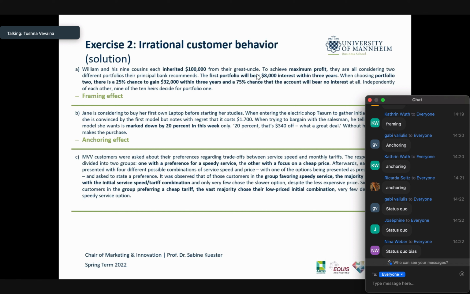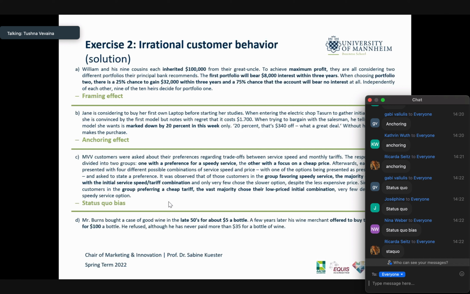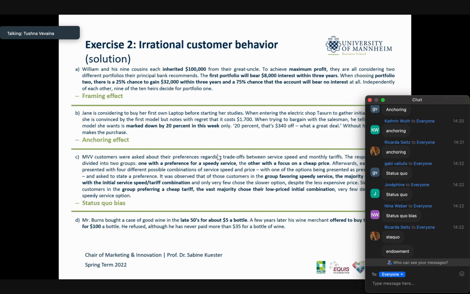Status quo, exactly. And as we can see here, people are sticking to what they know, sticking to what their status quo suggests. And the last example was about a man in his late 50s, and he would normally never buy a bottle of wine for more than $35, but he purchased a bottle in the late 50s.